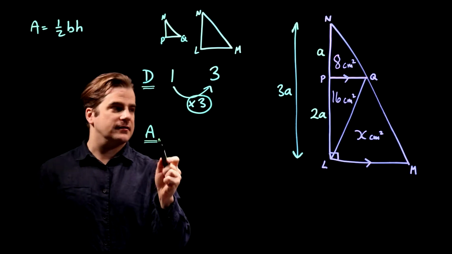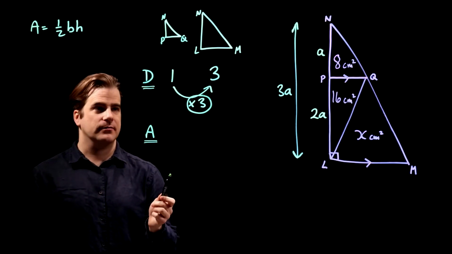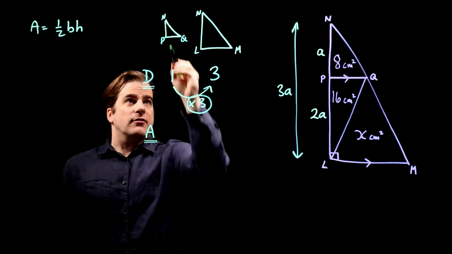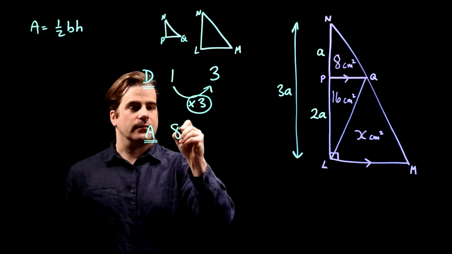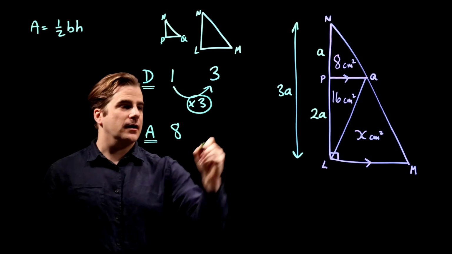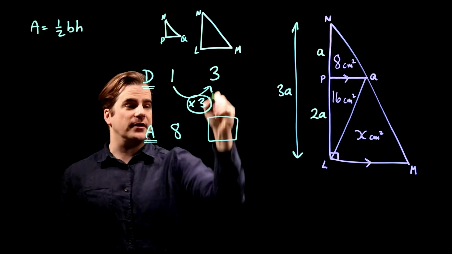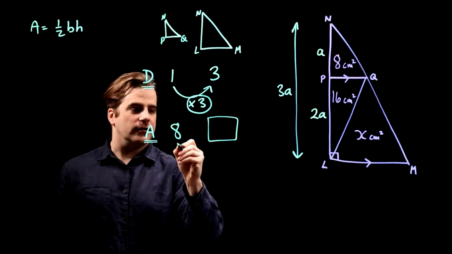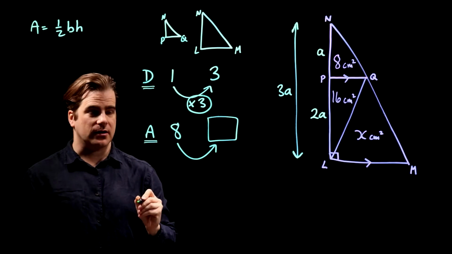A has units, look, cm squared, it's two-dimensional, okay? And write down the area of the small triangle. Well, it's 8. Okay? And we want to know what goes in there. We want to know the area of the big triangle. And the question is, what do we multiply 8 by to get the area of the big triangle?